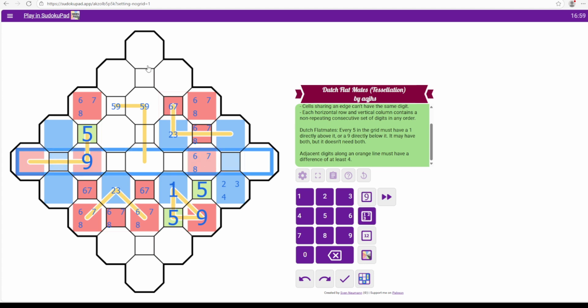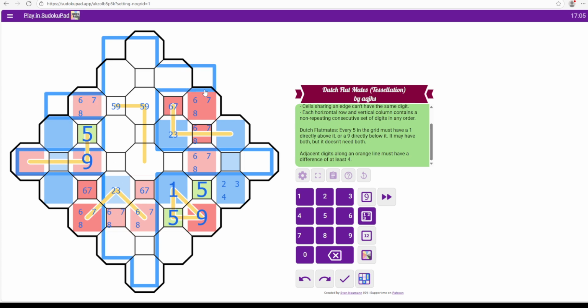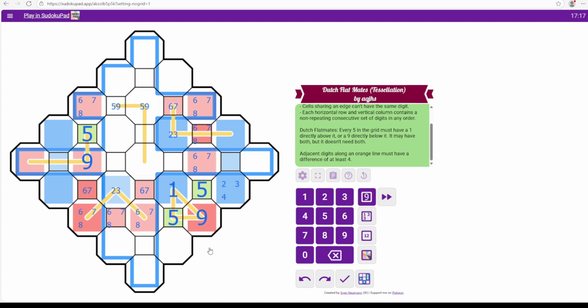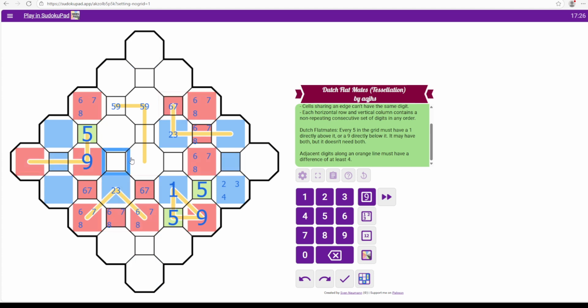We need 1 in that row for definite. We need 1 in this column for definite. We need 1 in that column for definite. We need 1 in this row for definite. And could both of those be reds?